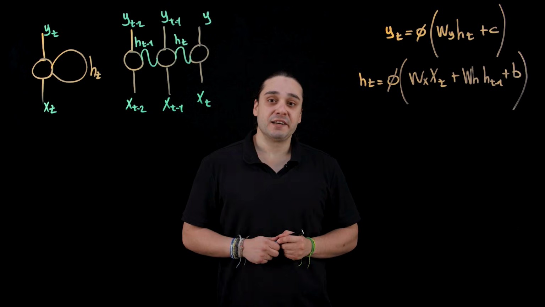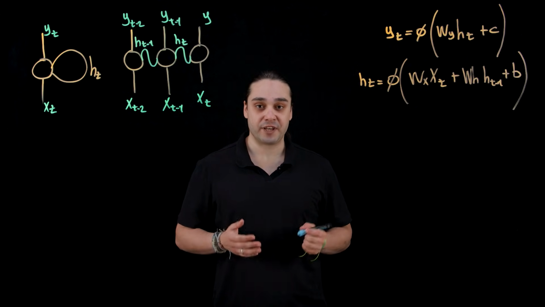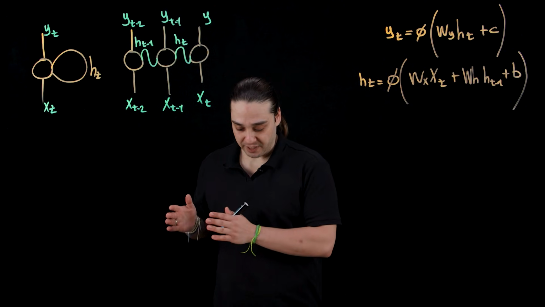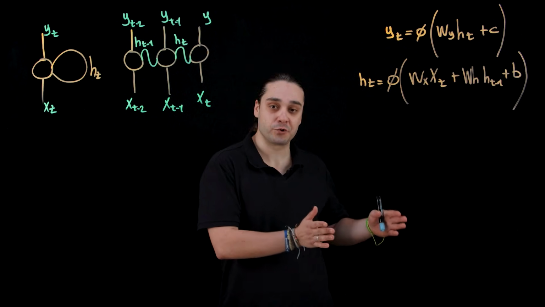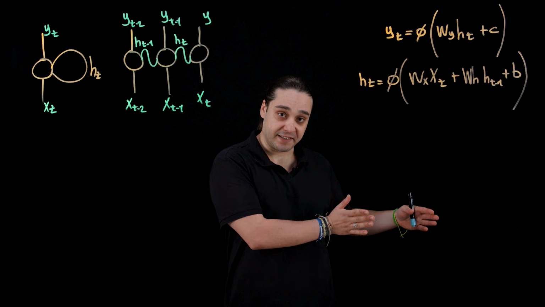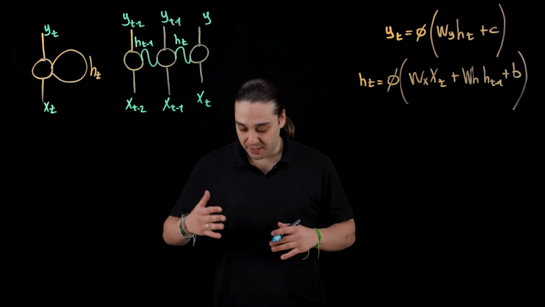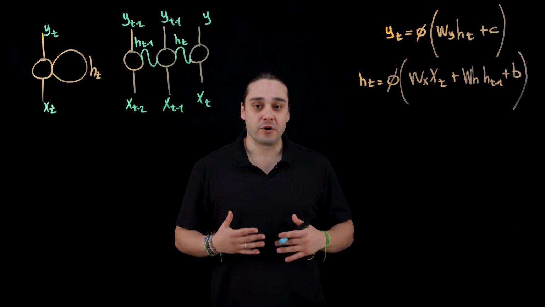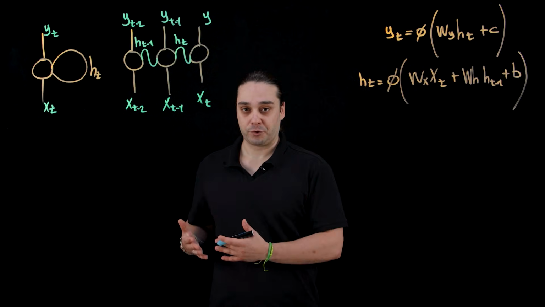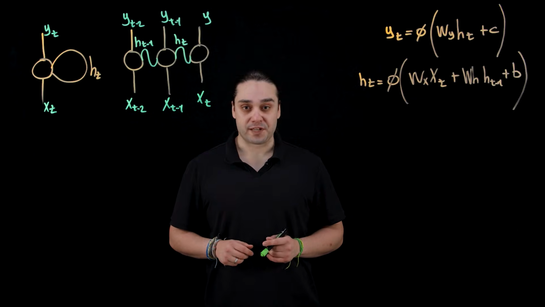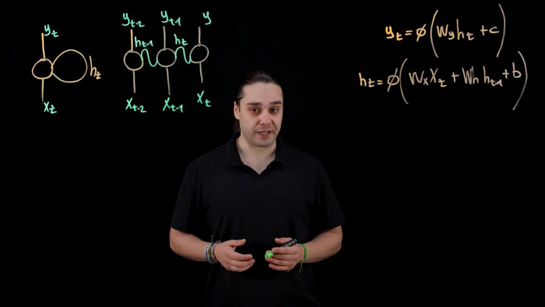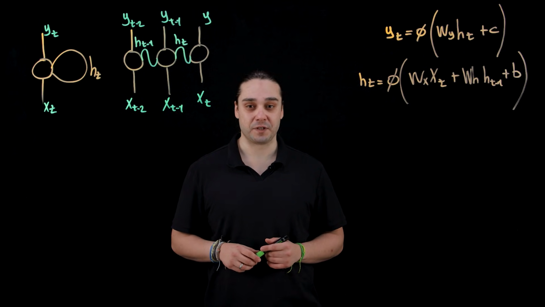In summary, RNNs use the hidden state to carry information from past inputs. The hidden state is updated at each time step, allowing the network to learn and remember previous inputs. The ability to process sequences makes RNNs unique, and we can set them up in different ways.